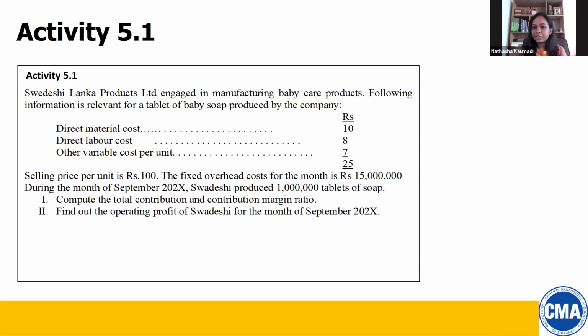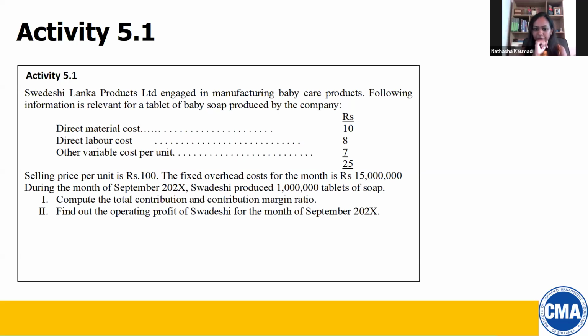What is your CS ratio? Contribution per unit divided by selling price.